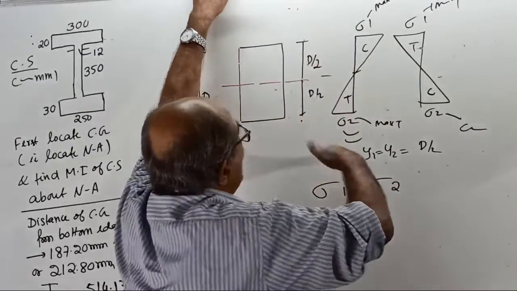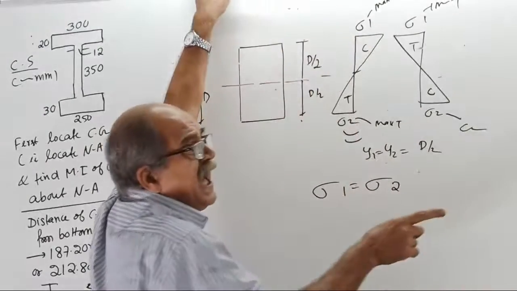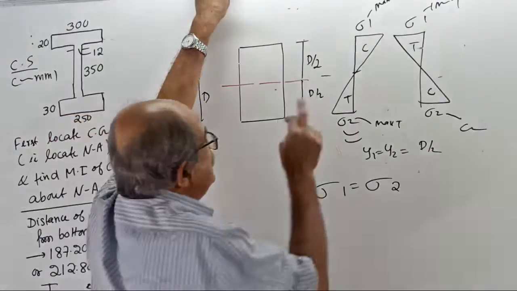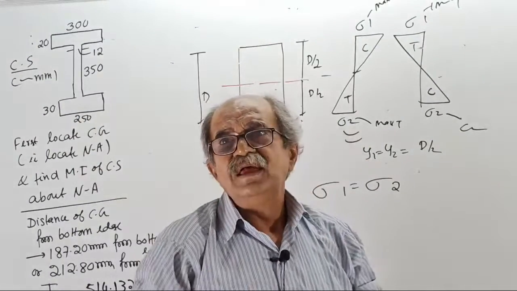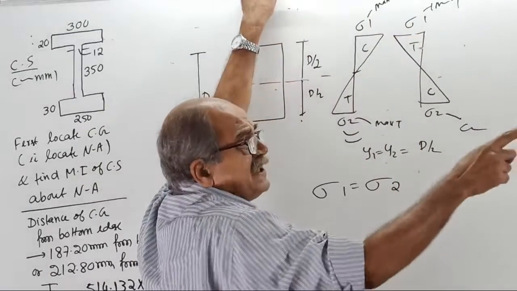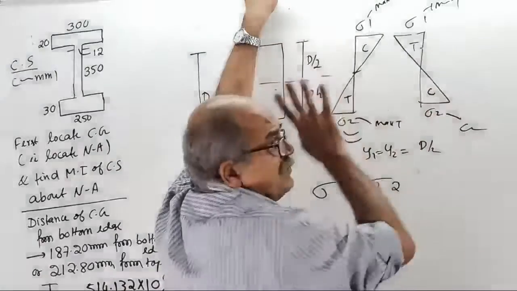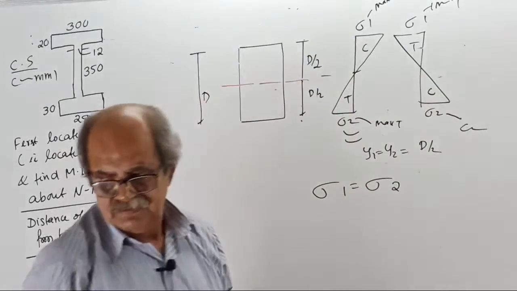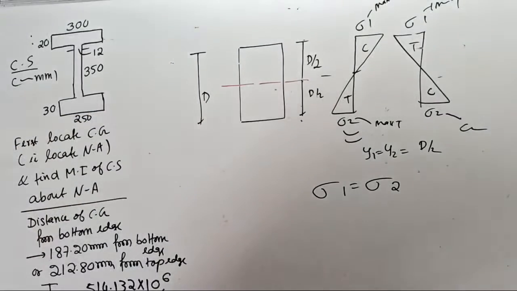If the BM is sagging, maximum compression at the top fiber, same maximum value as tension at the bottom fiber. Or if the BM is hogging, maximum tensile stress at the top fiber, same value, maximum compression at the bottom fiber. Clear now? If this sheet is not clear, there is no point in taking class further. This also clear?